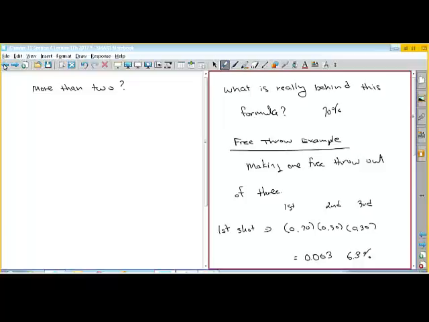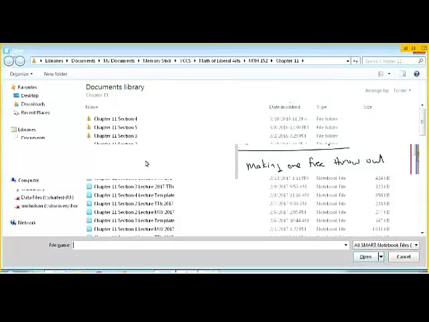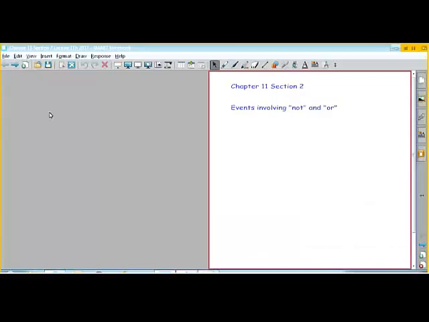So to calculate the probability of each one of those 3 things happening, you use the, let me show you back. Let me save this for a second. Let me open up section, was it 3 or 2? I think it was section 2. Let me open up that.